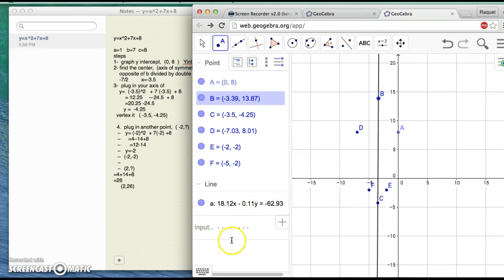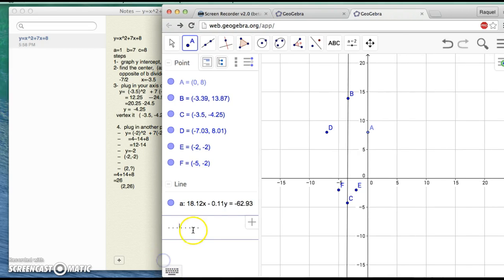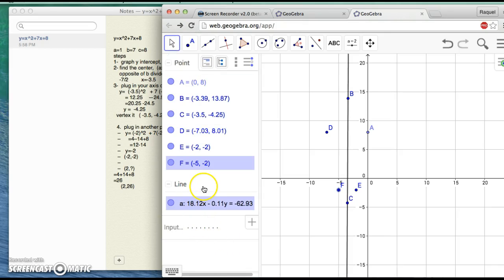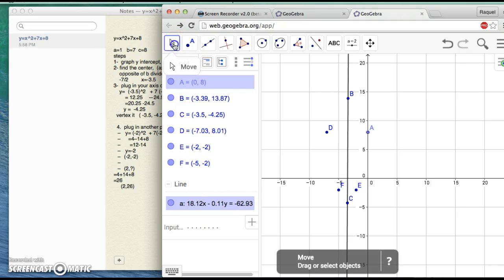So in GeoGebra, what you could do, so you can explore this and be better at this, is to type in the actual equation. Let's see where we can do that. One second here. Where is it? Y equals x squared plus... I've got to go down. Whoa. Where's x squared? Where's my equation?